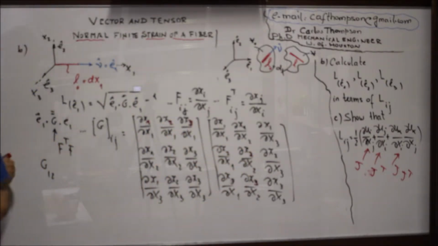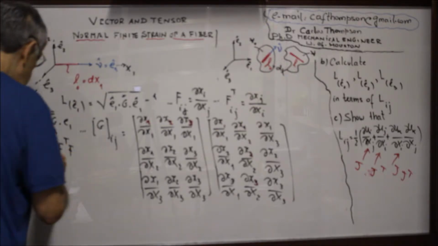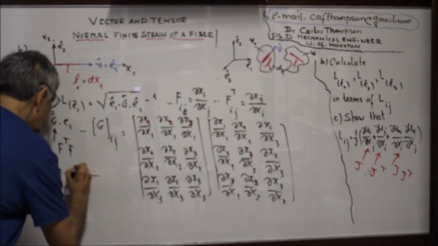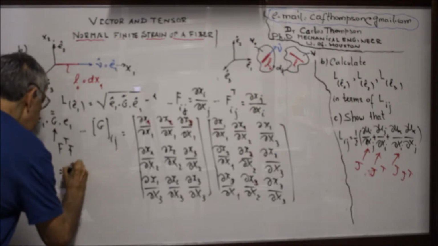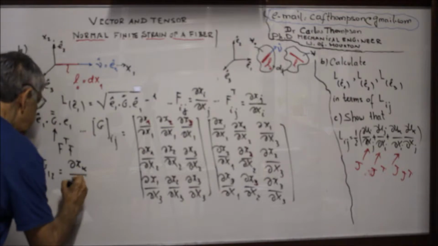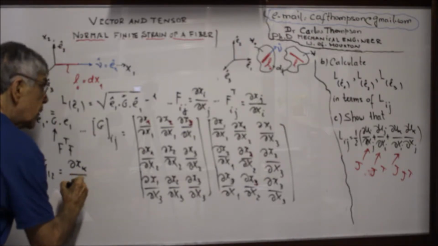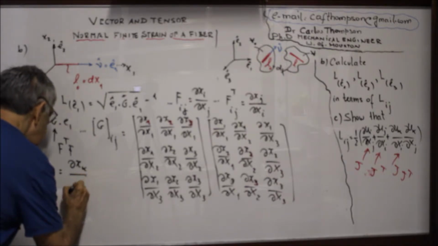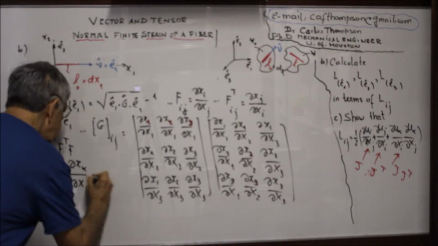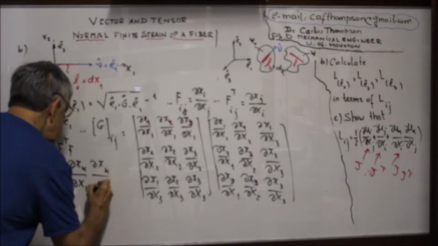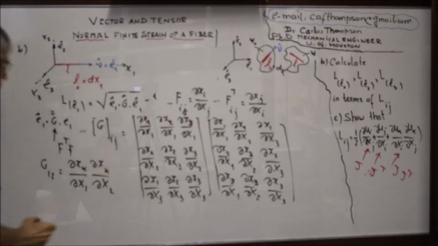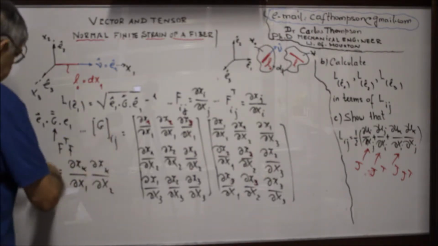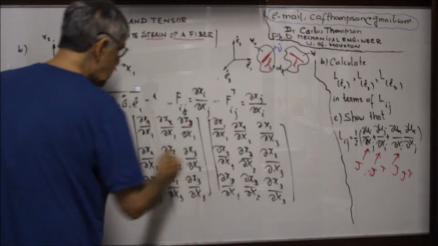So G12 will be, in this case, a sum: the partial of xk with respect to x1, times the partial of xk with respect to x2. This is the first row times the second column.